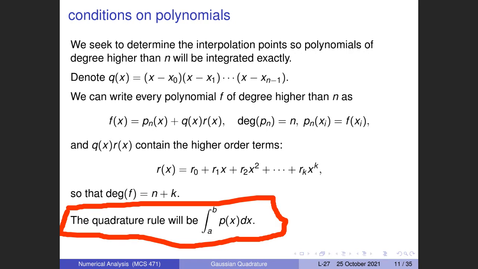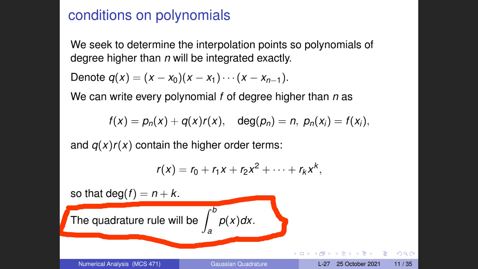All right, what is the error now? We want to integrate polynomials of higher degree. Suppose that we have a polynomial of higher degree, then we can write that polynomial in terms of a polynomial of lower degree by long division. So we will divide our polynomial by a polynomial of a given degree, and we have a quotient.